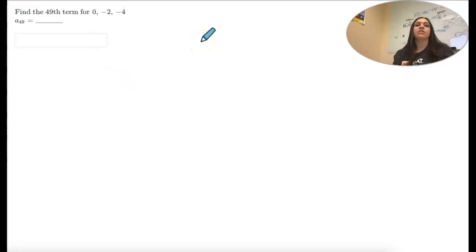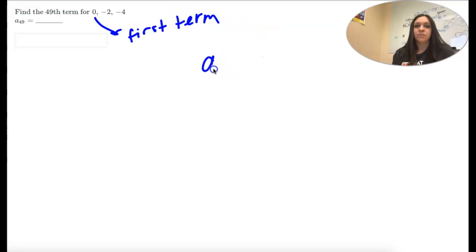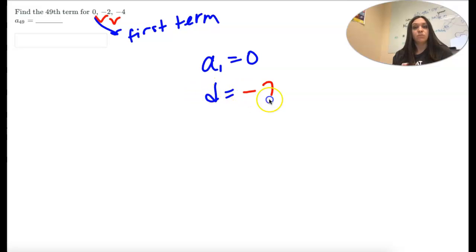Find the 49th term for 0, negative 2, negative 4. Whenever you have a sequence that's listed, this is considered the first term. Okay, so our first term is 0. Our difference, you have to figure it out. What are we adding or subtracting between terms? Minus 2, and we want to find A49.